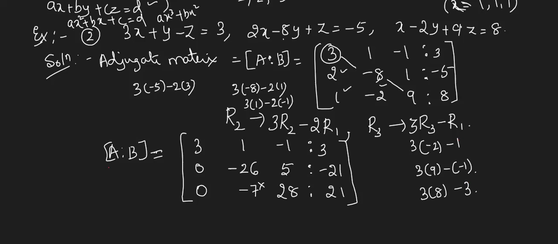R1. You remember, this is the diagonal. You don't divert it from here. This is my diagonal element. Why do you people change always? This 26 is my diagonal element.